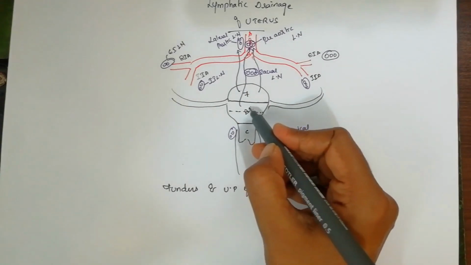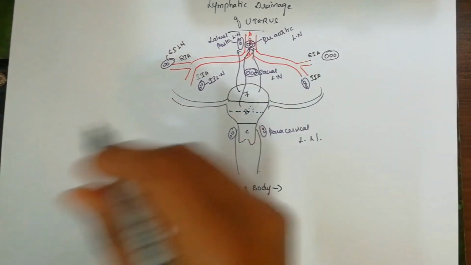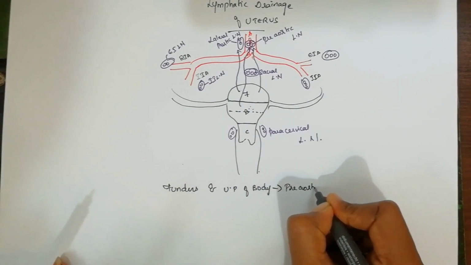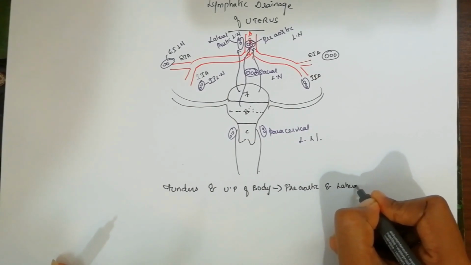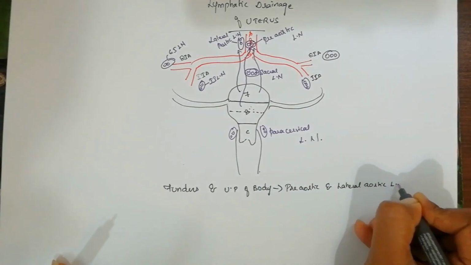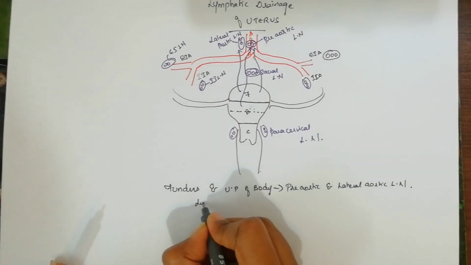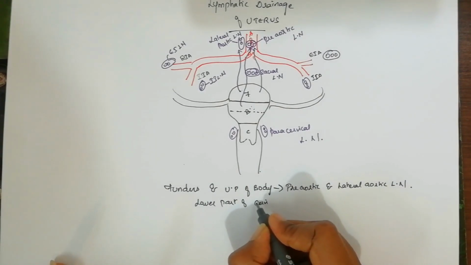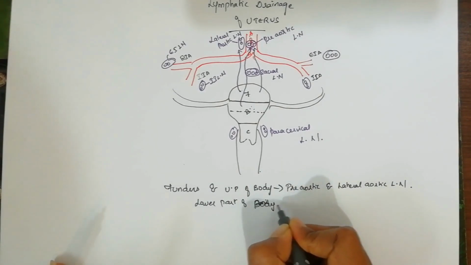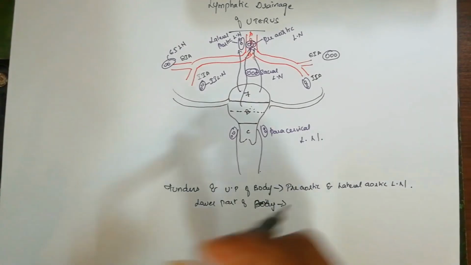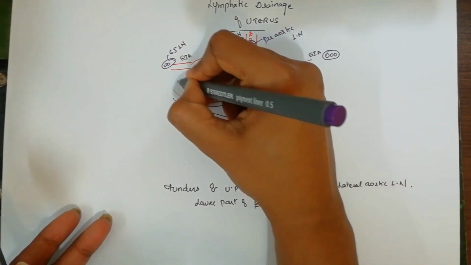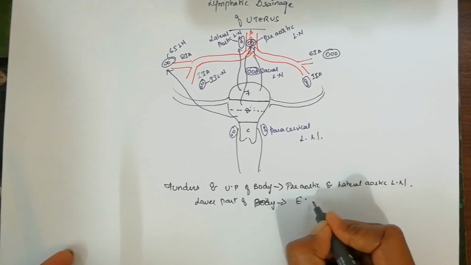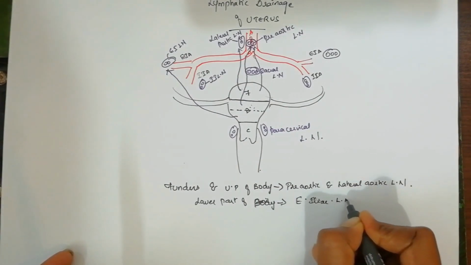So the upper part of the body and the fundus are getting drained into pre-aortic and lateral aortic lymph nodes. And then we have the lower part of the body. The lower part of the body is getting drained into external iliac lymph nodes, so it is going towards the external iliac lymph nodes.